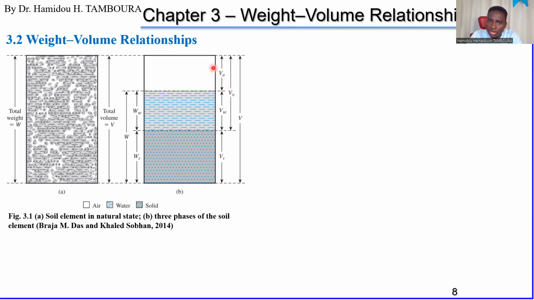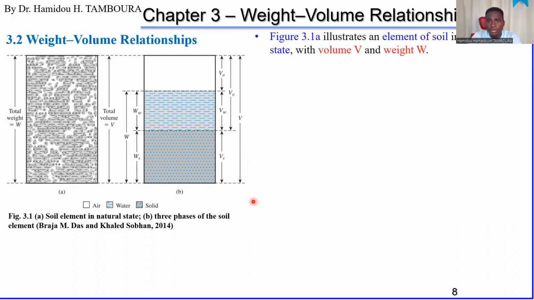Remember only that the volume of void is volume of water plus volume of air. So volume of void plus the volume of solid will make the total volume of the soil. If you have understood this, then we can move to the next step.